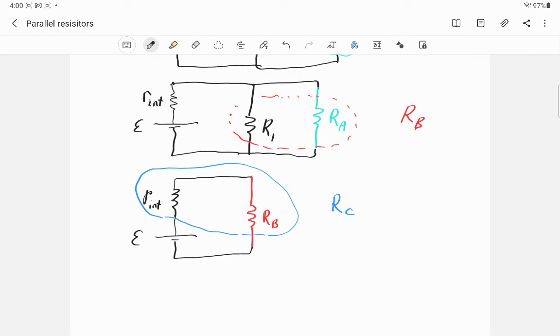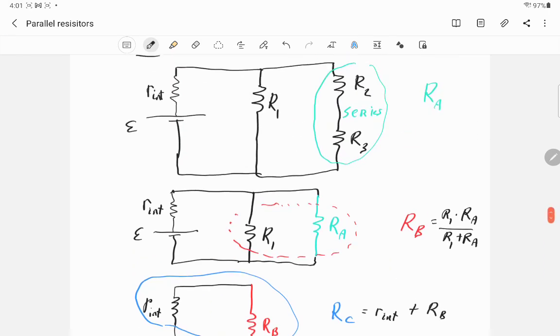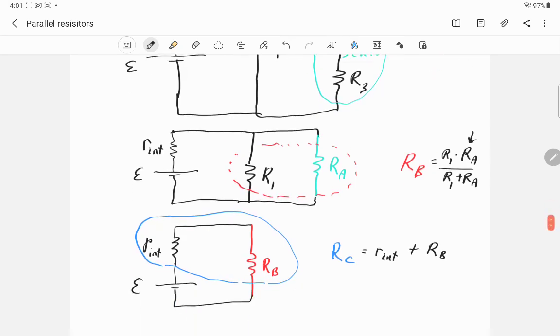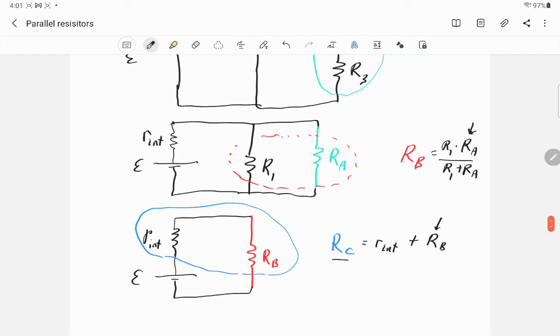So RC is R internal plus RB, and RB is R1 times RA over R1 plus RA, right? That's the parallel combination rule. And RA is just R2 plus R3, right? And so now you know RA, it sits right here. And now you know RB, it sits right here. And now you know RC.